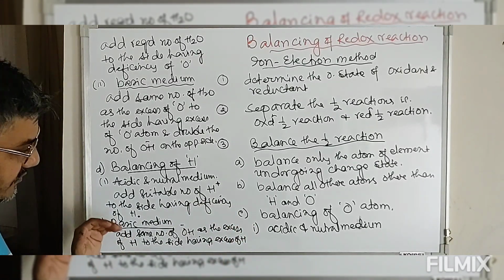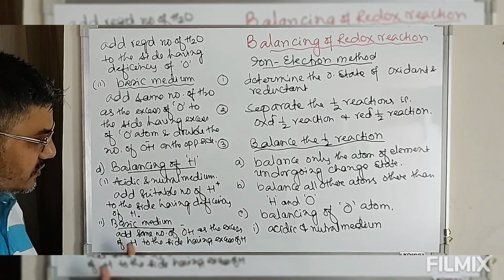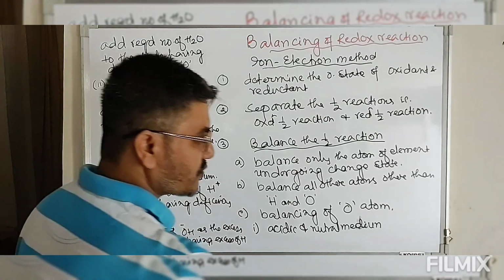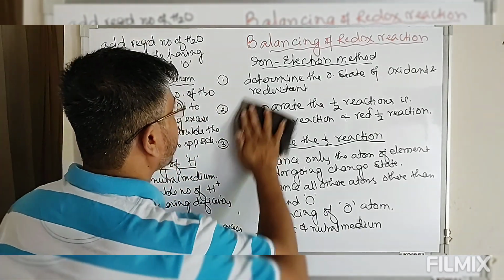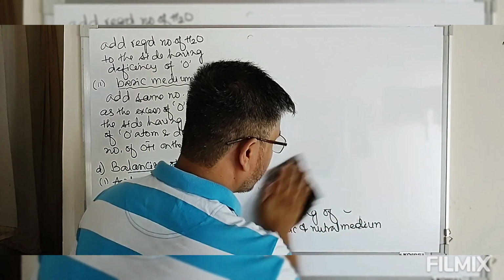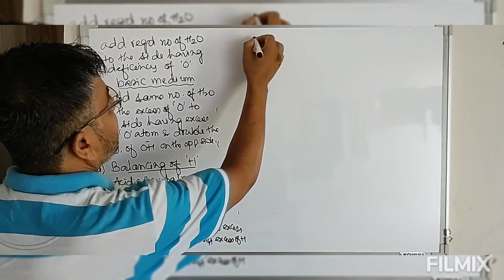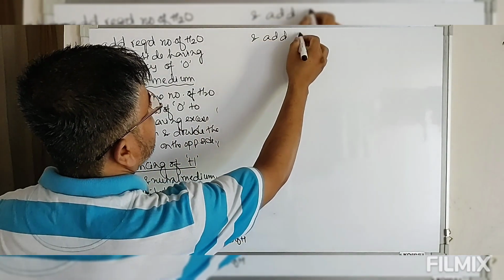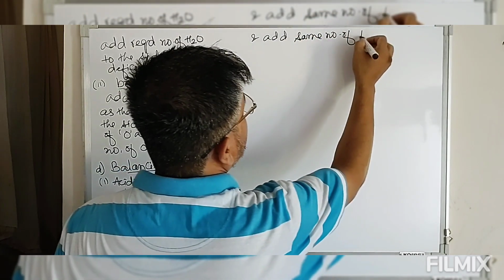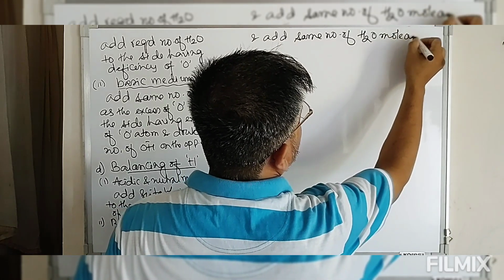So we are adding the same number of OH minus as the excess of hydrogen to the side having excess of hydrogen. Once we add this OH minus, on the opposite side we have to add the same number of water molecules, H2O molecules, on the opposite side.